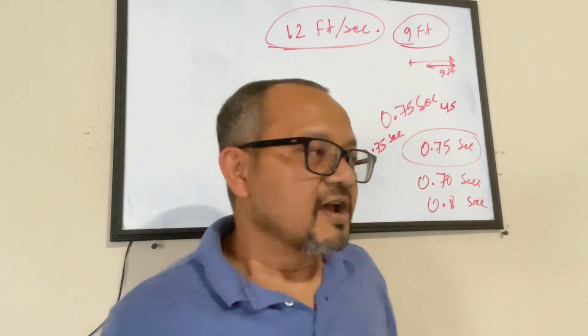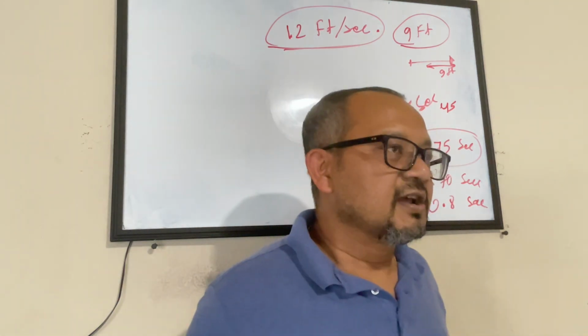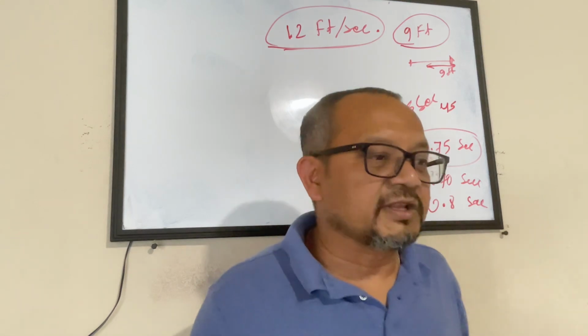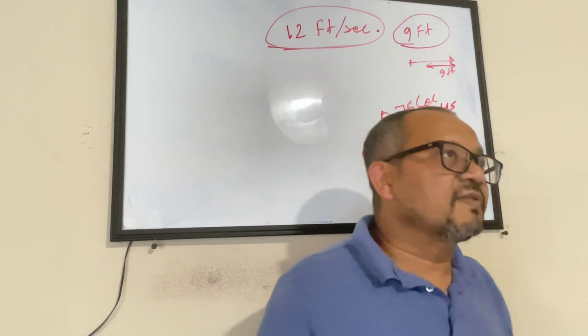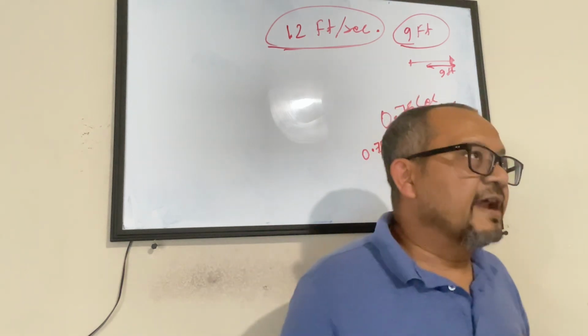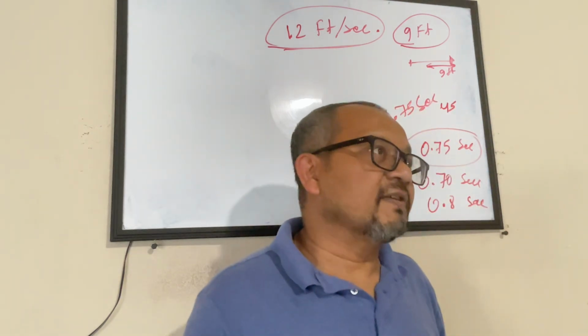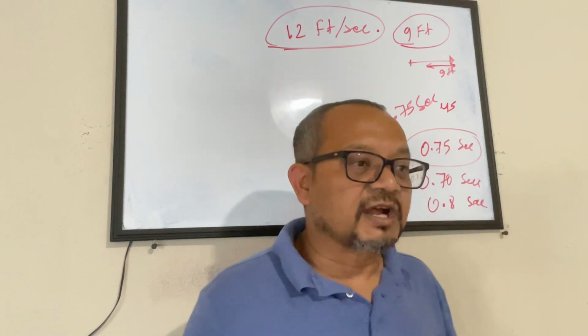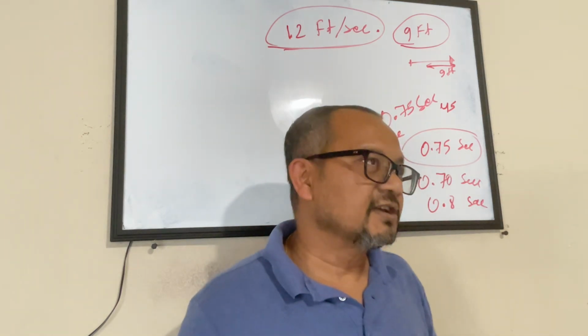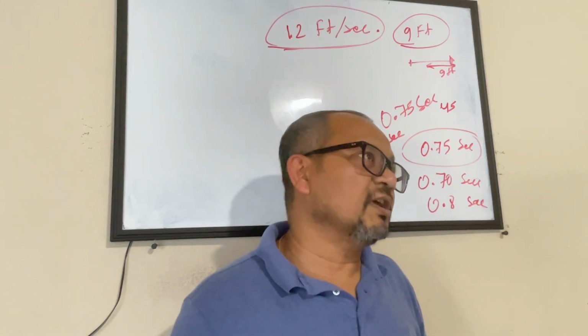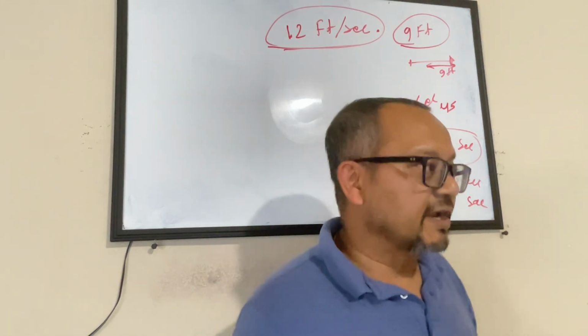The difference is this: a question that is asked in the classroom is, what is the difference between 0.75 seconds and 75 milliseconds? My answer to that is, you will get a 0, because the question asked is, find out the value in the hundredth of a second.